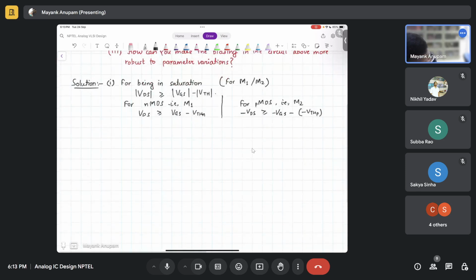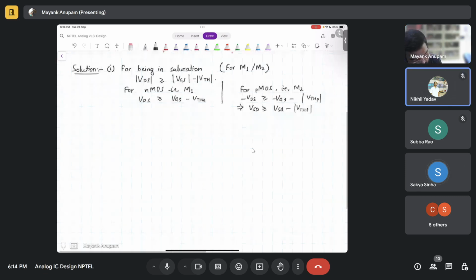Am I correct? So just ignore this, let it be in mod plus only. This is fine. So how will this become? This becomes VSD greater than VSG minus mod of VTHP. Is that correct or not?